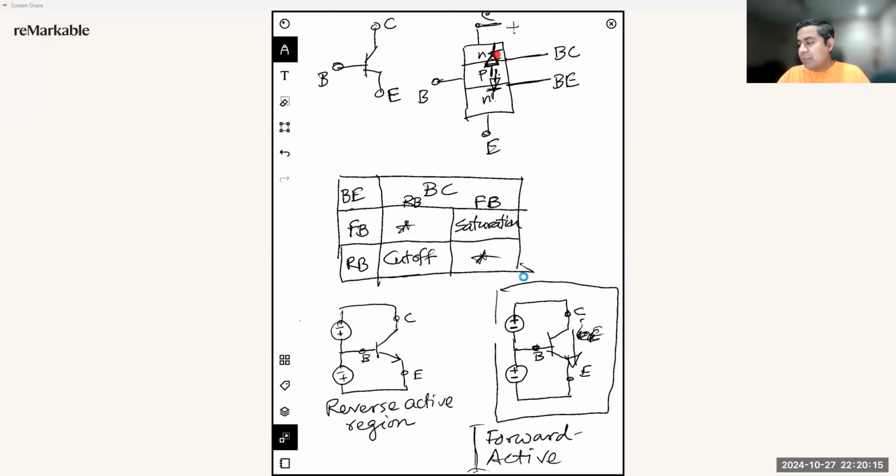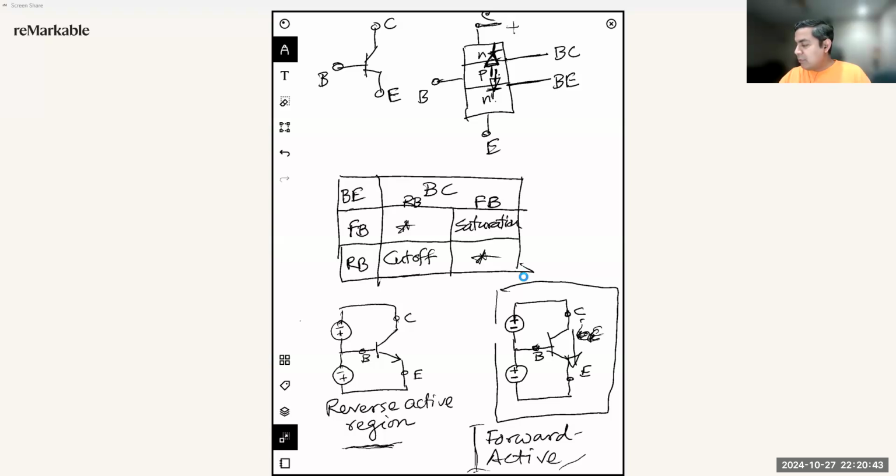But the base-collector PN junction is forward biased, so if a few electrons travel from the emitter to the base, those can cross this barrier and go to the collector side. That's also conducting, but it's a poor conduction.